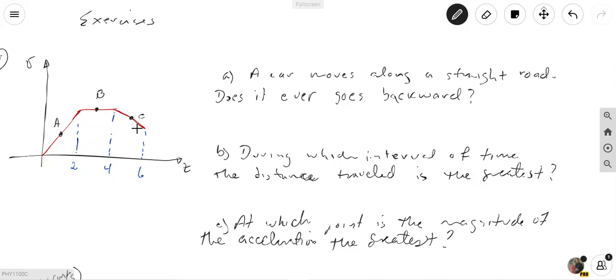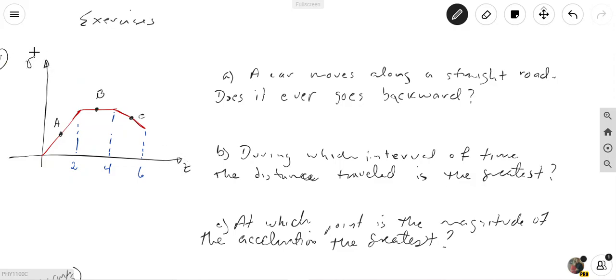And why is it never going backward? Because regardless that in this part the velocity is decreasing, the graph of velocity is still above the x-axis, so the velocity is still positive, right? So the car is not going backward. So remember that we have a car going backward with a graph with negative slope when the graph was a graph of distance versus time.